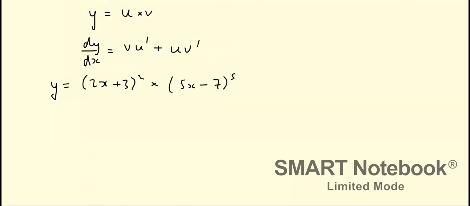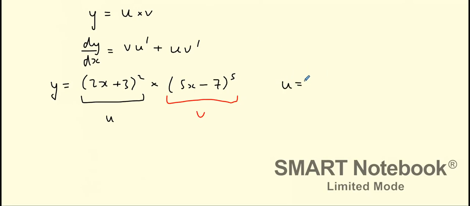Okay, so here, let's have a look. So what I can see is it's a product of two separate things. I can call this whole thing here u, and I can call this whole thing here v. And I generally tend to write u and v on the side.